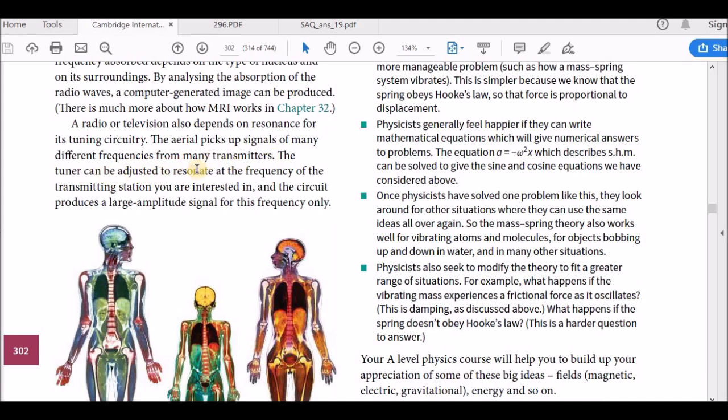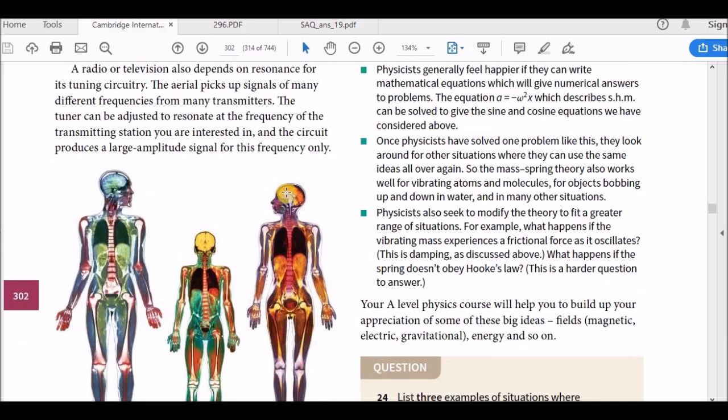The tuner can adjust to resonate at the frequency of the transmitting station you are interested in, and the circuit produces a large amplitude signal for this frequency only. So this way you can hear the station that you want to. So what happens is you adjust the tuner so that it resonates at the frequency of the transmitting station that you want to listen to. This way you can listen to that particular station.